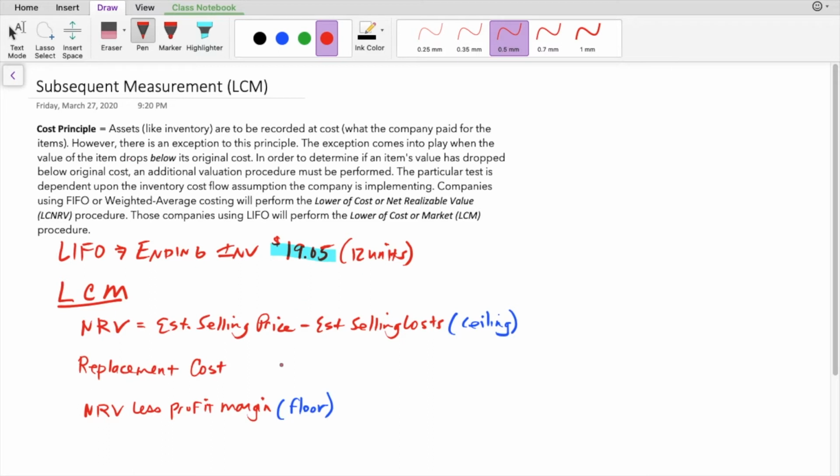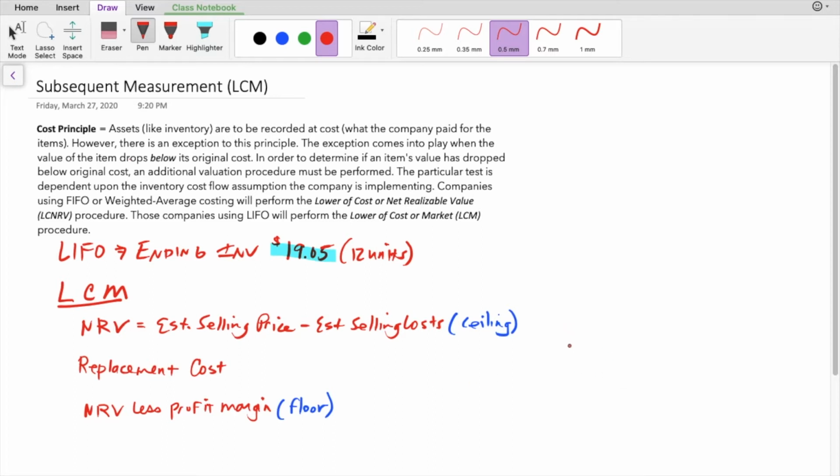And that's basically what it says. What would it cost us to replace the items that we have currently? What is the current price in the market in which we purchase these cantaloupe? So we're going to look at a couple of examples here and see if we can't figure this out. We're going to follow similar to what we just did in the previous video with lower of cost or net realizable value, calculating net realizable value.